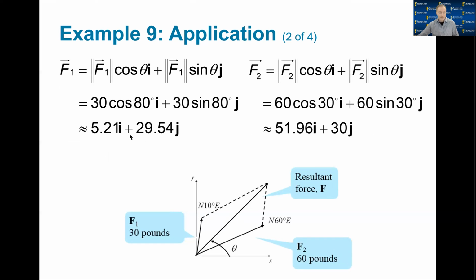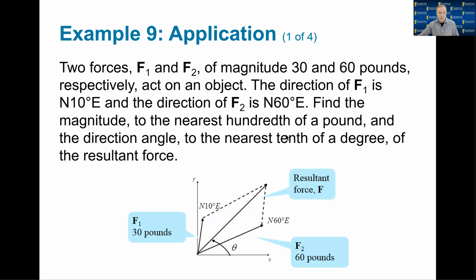That's why the x component is just barely positive, but the y component is extremely positive. Now, for vector F2, it's the one that was acting at 60 degrees east of north, so this angle theta down here is only 30 degrees.